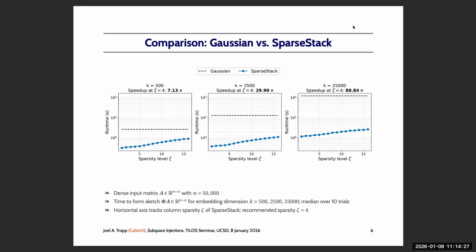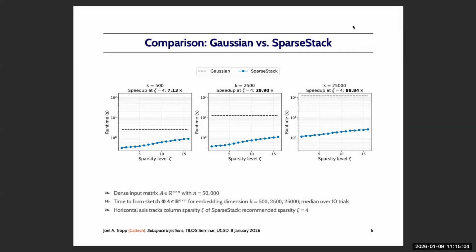For 2,500 rows, we get a bigger improvement over the Gaussian. For 25,000 rows, we get an even bigger improvement. So the sparse dimension reduction now is 2 orders of magnitude faster. You can see that there's a huge difference in the cost of using Gaussian dimension reduction versus sparse dimension reduction. And again, the sparser the matrix, the faster we can go. So we'd really like to understand how sparse we can make these matrices and still perform dimension reduction successfully.